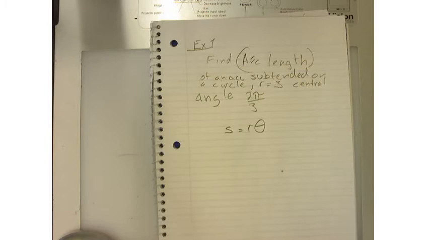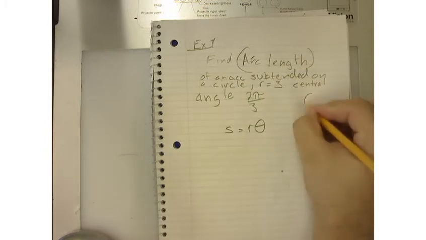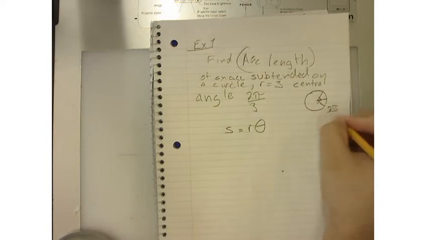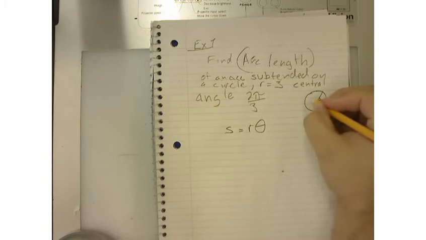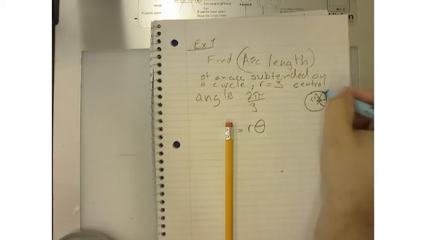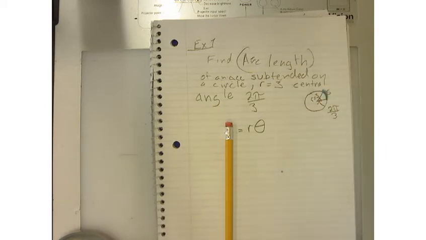Let me draw a picture. What they're saying is we've got this circle, okay? And if I make theta 2 pi over 3, and my radius is equal to 3 units, this is S. This right here is what we're trying to find, the length of that section or arc that's subtended on the circle.